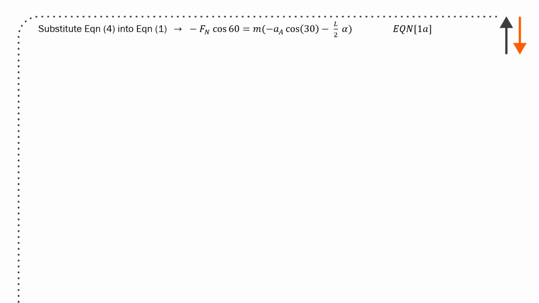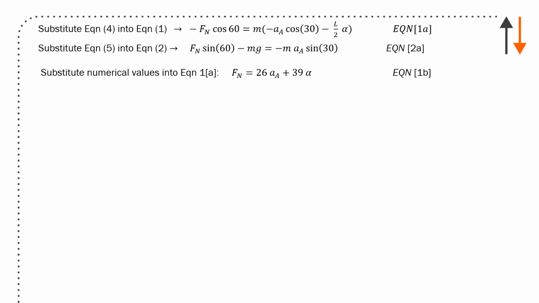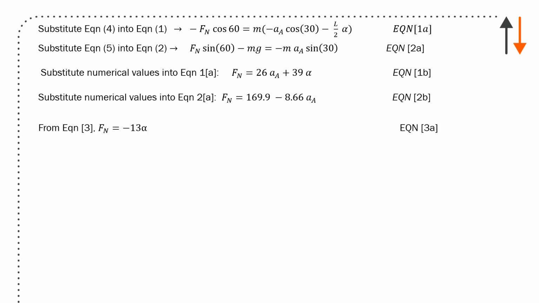Substitute in the terms, calculate everything through, and you end up with these two equations here. Substitute the numerical values back in. You have an acceleration A term, an alpha term and a normal force in the first equation. You have an acceleration term and a normal force in the second equation. And finally, you have a normal force in terms of alpha.